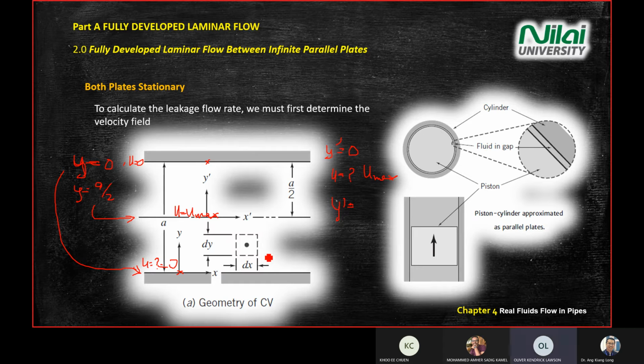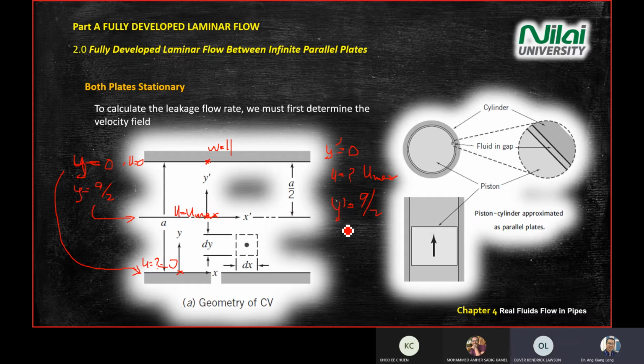There is an X prime value. Where is your Y prime axis located? Here, right? I'm asking about the distance from here to here. When I ask about the wall, it is A over 2, yes, correct. When I say Y prime.